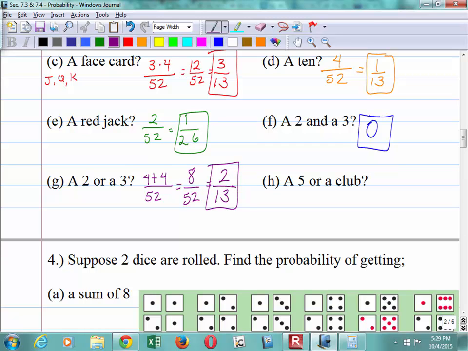So there's 4 5s, plus there's 13 clubs, but then one of those 13 clubs is the 5 of clubs. So you've counted that 5 of clubs twice, so that's why you need to subtract 1 here. And then put that over 52. So that would be 16 over 52, which would be 4 over 13.